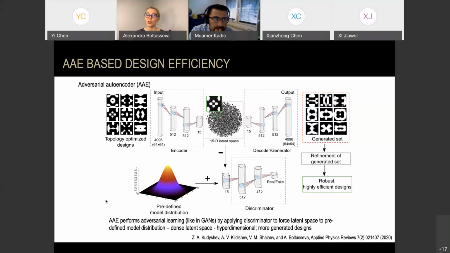And you can indeed force your latent space to a predefined model distribution, which would be different from the normal one. That's the point, and that's where interesting things could happen.